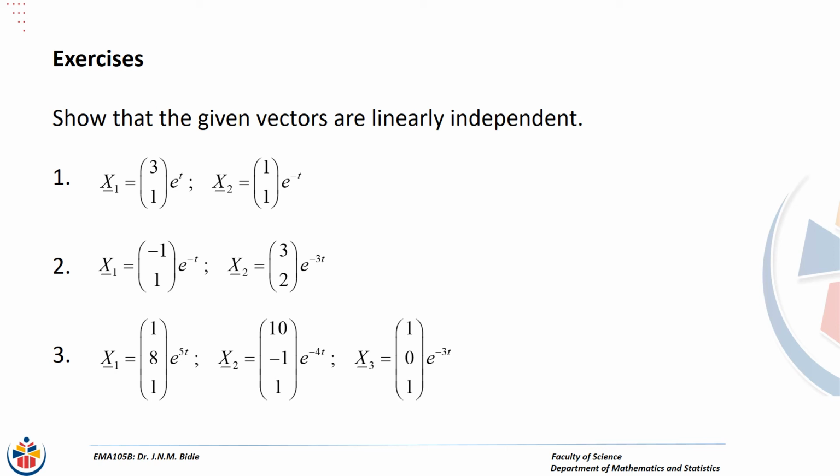So the first one will be 3e to the power t and e to the power t. The second one will be e to the power negative t, e to the power negative t. So you multiply each of the entries by those exponential functions given and then find those determinants.